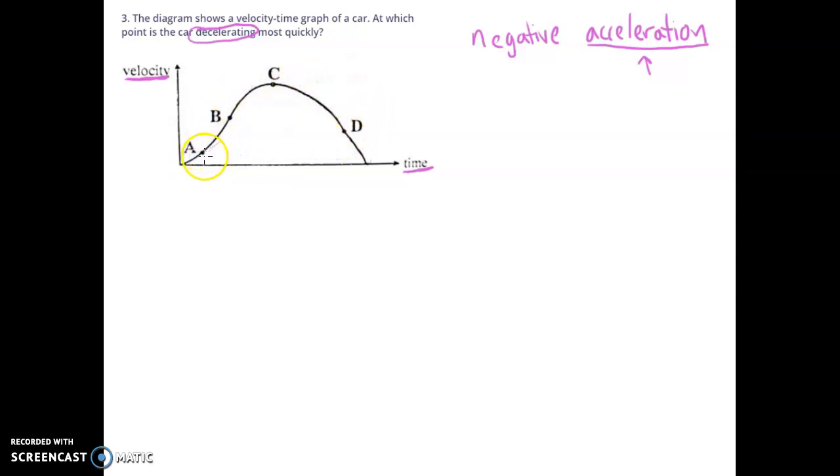So when we look at these points, A, B, C, and D, and we're trying to decide which of these has the biggest negative acceleration, we need to think about what we're given here, velocity and time, and what we're looking for, acceleration. And in this way, we can actually even use GUESS. It's going to be a little bit different.